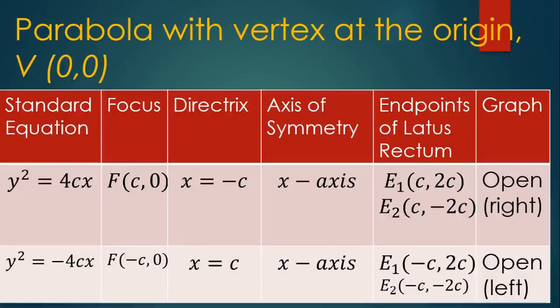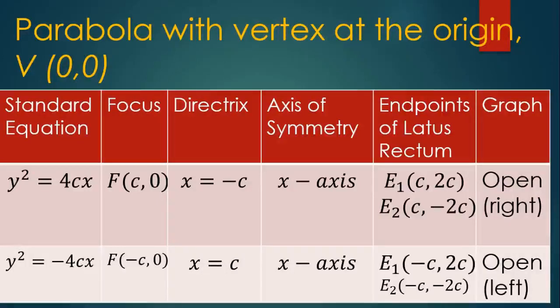And then, ang ating directrix, ang equation niya will be x equals negative c. At ang axis of symmetry is along the x-axis. And the graph of this parabola opens to the right.